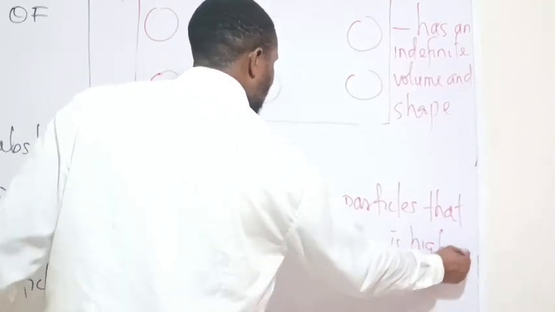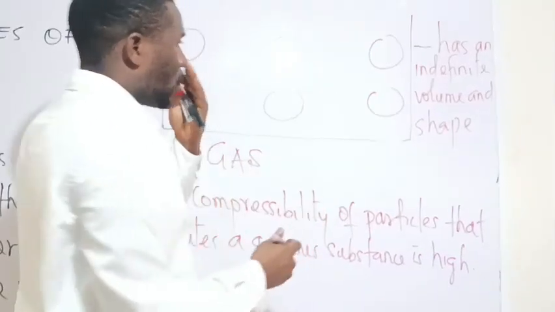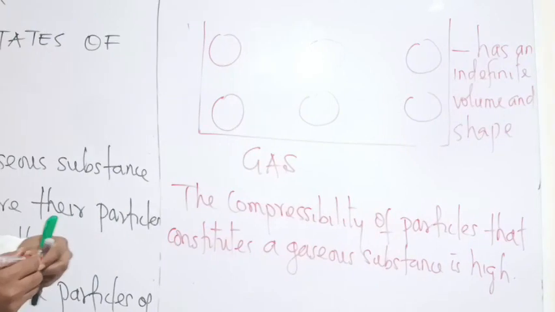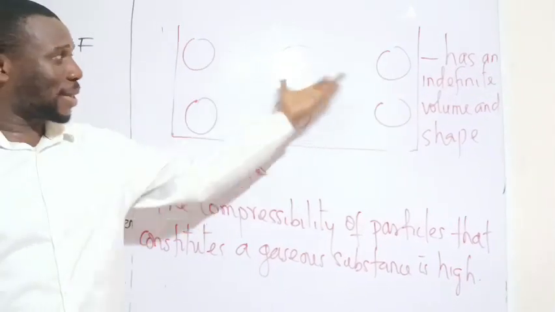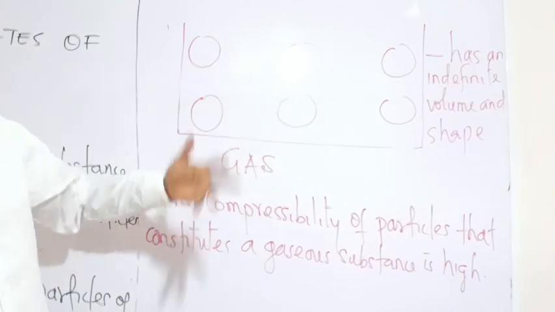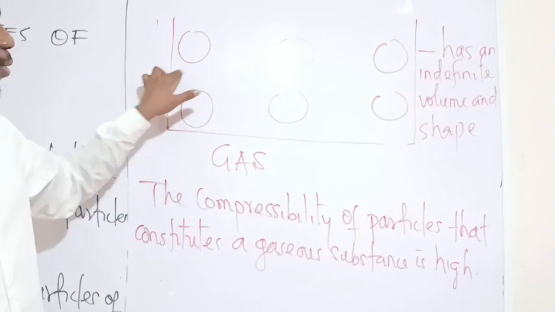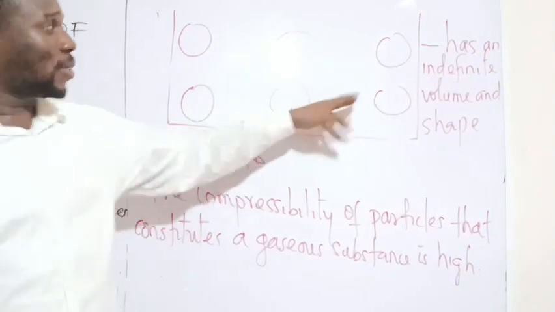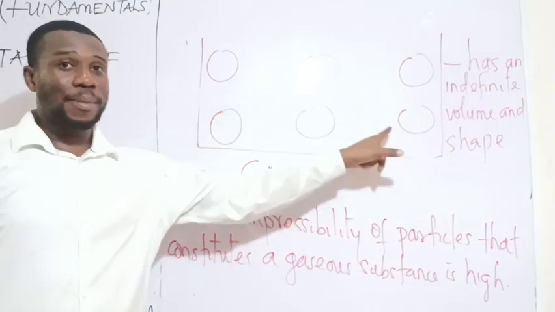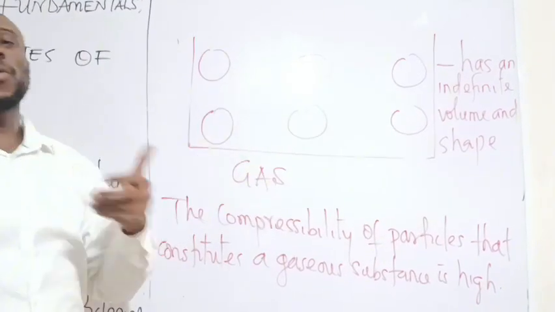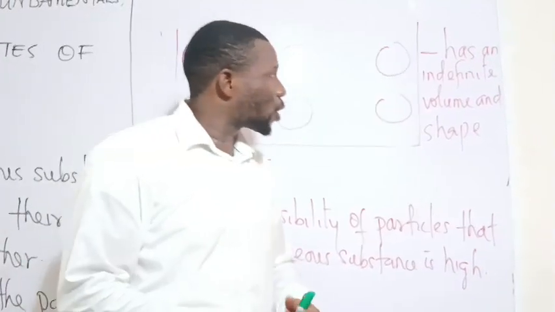It implies I could bring these to one another when I apply pressure. Now, there is always a force. Since each of these particles have gained enough energy and they move independent of one another, they always exert a force to one another and to the walls of their container. So this force that is exerted to one another and to the walls of their container, we call that the pressure.